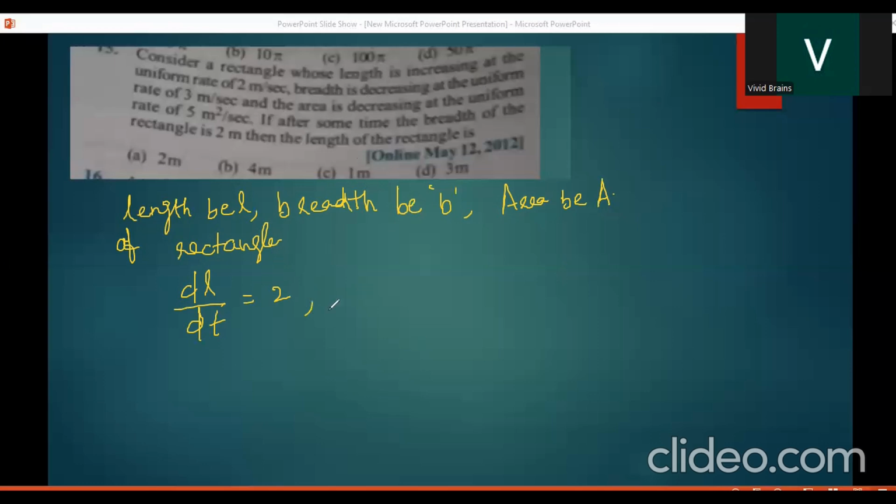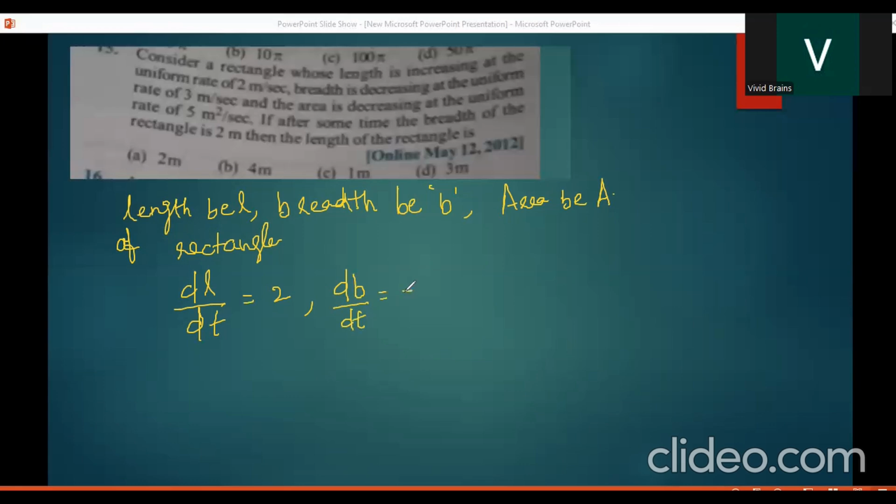No doubt, a small change is represented with a d, and a small change in that quantity with respect to the small change in time gives our rate for any quantity. Now dB by dt, which is going to be negative because it is decreasing, right?